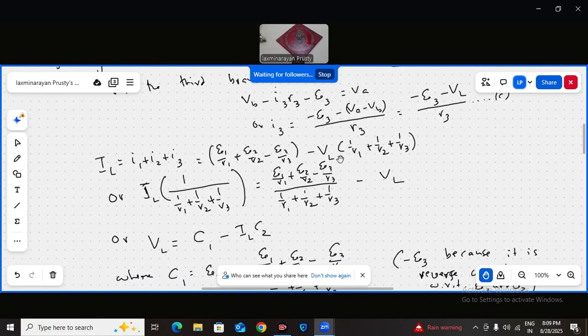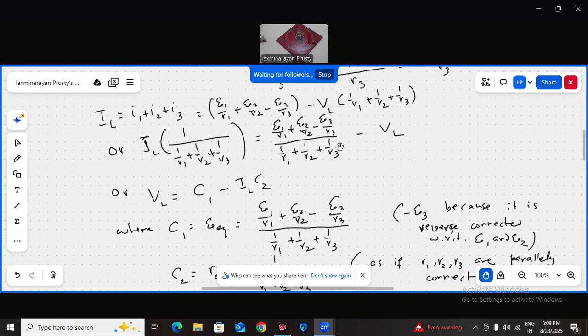So to get VL alone, I divide both sides by 1 by R1 plus 1 by R2 plus 1 by R3. So it becomes IL divided by (1 by R1 plus 1 by R2 plus 1 by R3) equals E1 by R1 plus E2 by R2 minus E3 by R3 divided by (1 by R1 plus 1 by R2 plus 1 by R3), minus VL.